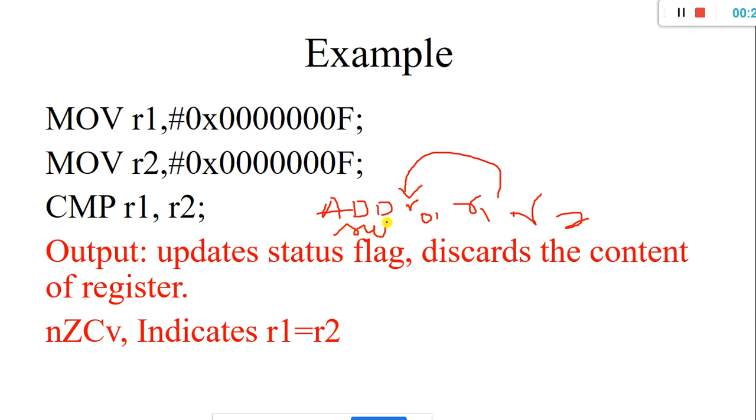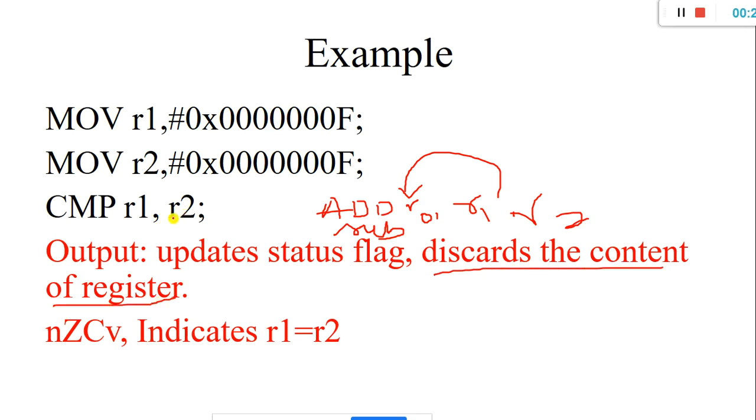The same is true with respect to the subtraction instruction: R1 and R2 are subtracted, and the resultant must be stored in R0. Here we are not bothering about the resultant operation. We are bothering about a status flag, whether the flag content is high or not. That's it. So that's why we discard the content of the register.